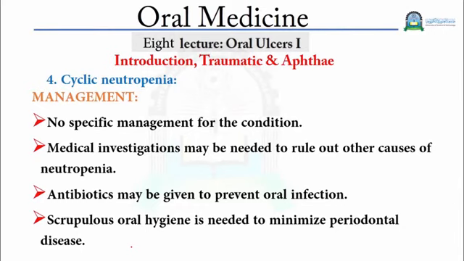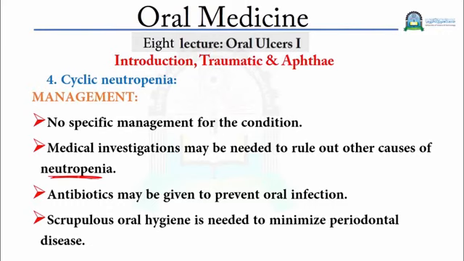How to manage it? After we diagnose cyclic neutropenia, exclude all other similar conditions, and prove the final diagnosis by blood investigation, the management is as follows. First of all, there is no specific management of the condition. Medical investigations may be needed to rule out other causes of neutropenia.